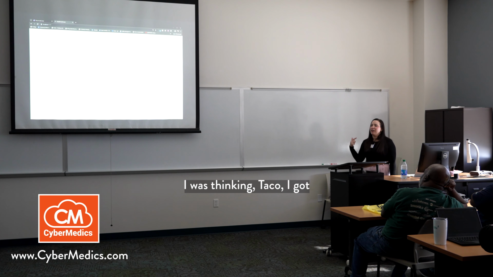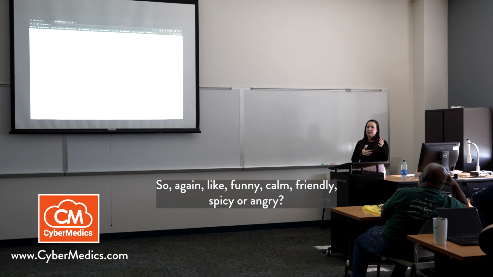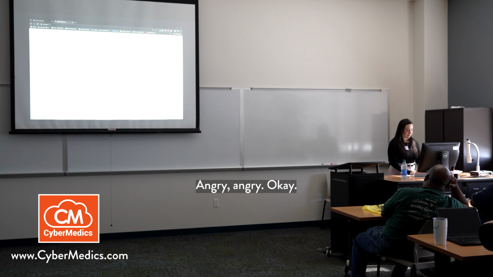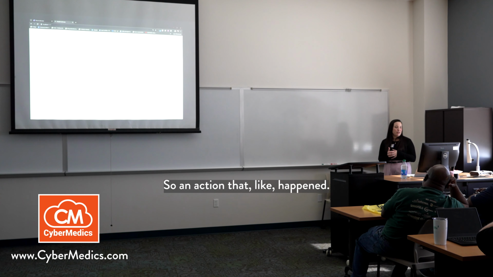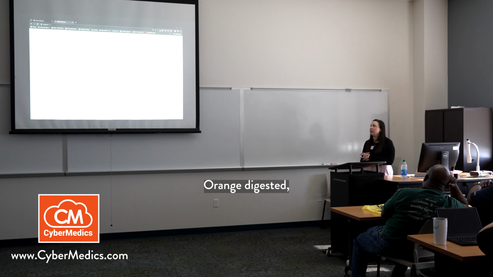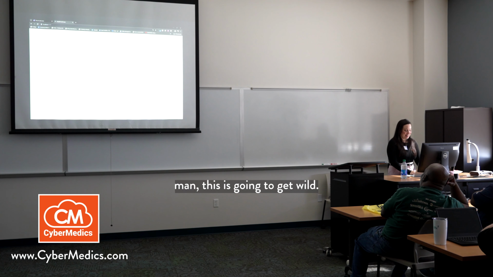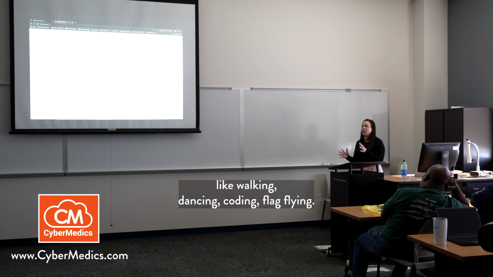I was thinking taco. I got a one-track mind here, clearly. And then an adjective. So again, like funny, calm, friendly, spicy. Large. Angry. Angry, okay. Oh my. A past tense verb, so an action that like happened already. Digested. Digested? Oh man, this is gonna get wild. And then a present tense verb, like walking, dancing, coding. Flying? Okay.